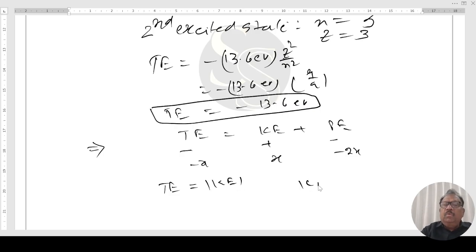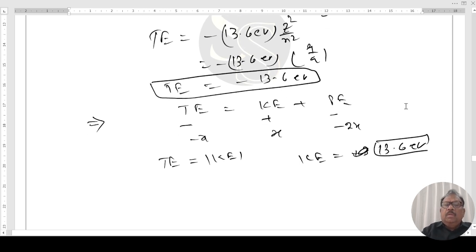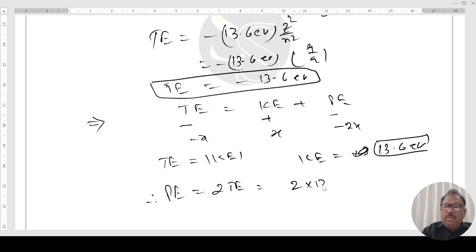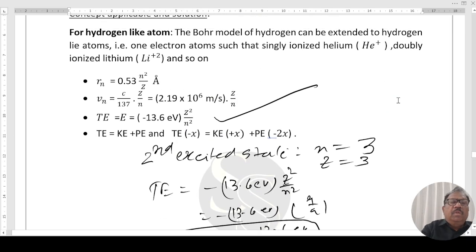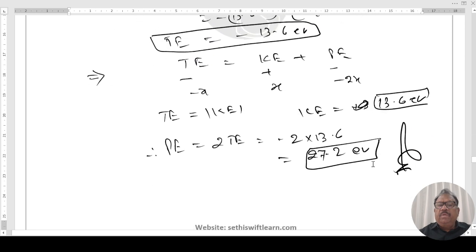So kinetic energy will be equal to 13.6 eV. And potential energy is equal to twice total energy. That is 2 into 13.6, that is 27.2 eV. This is the answer. Right? This formula was applicable here. These formulas are given, which is very, very helpful for all entrance examination point of view.